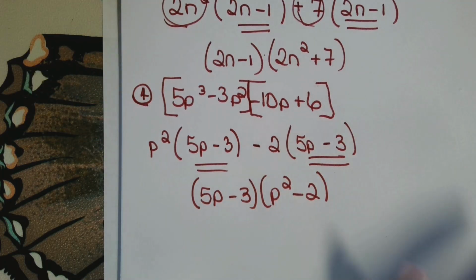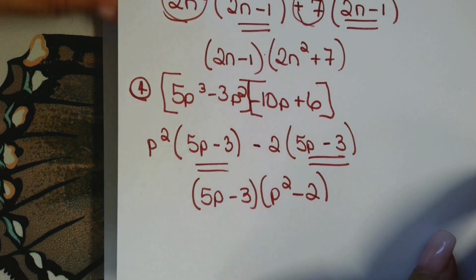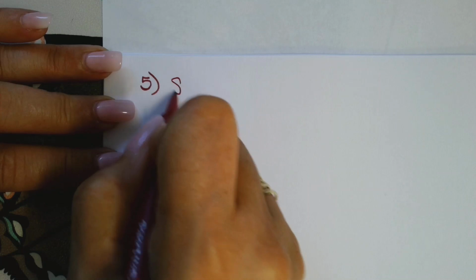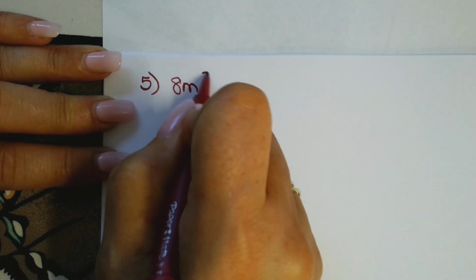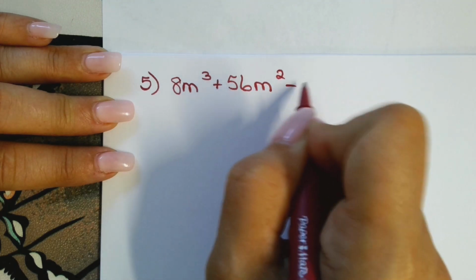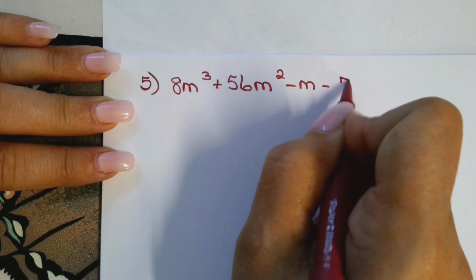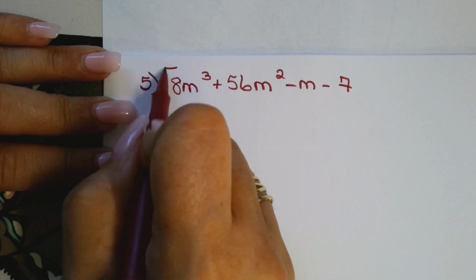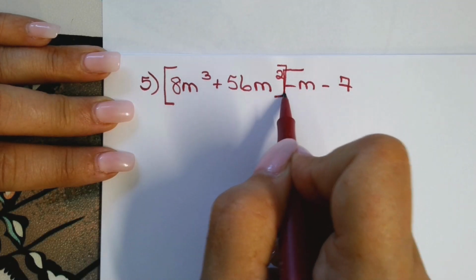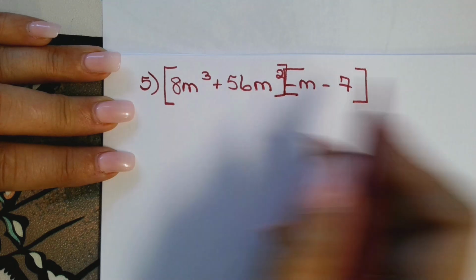Okay? Let's take a look at number 5. Still doing the same thing. We're going to use grouping. So these two will go together, and these two will go together.